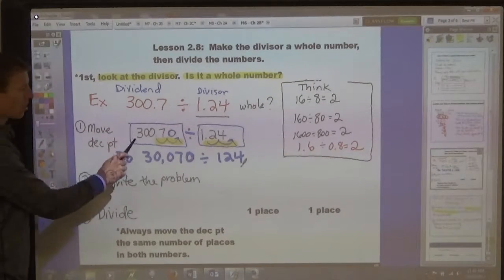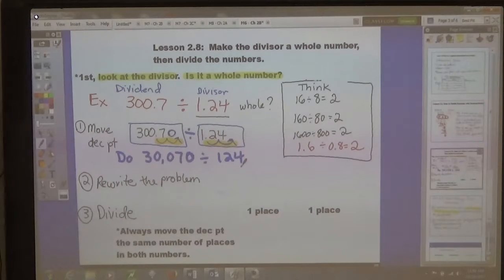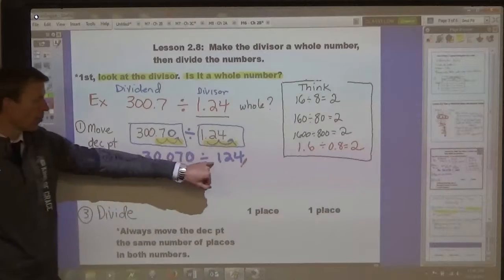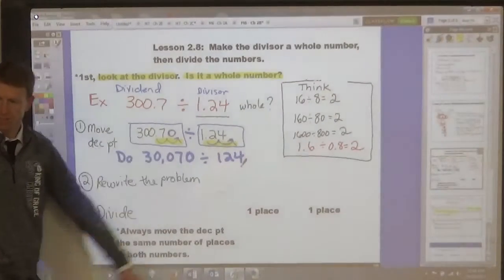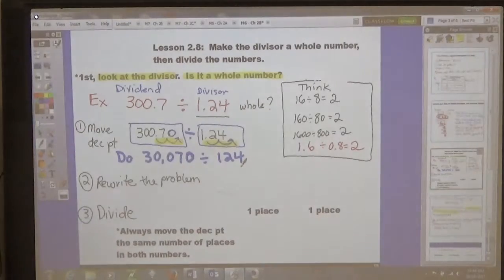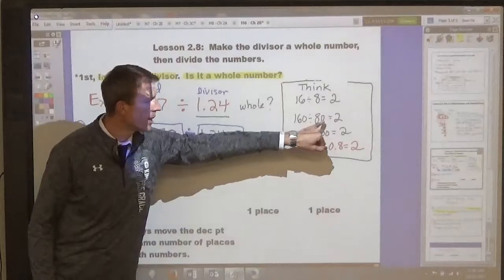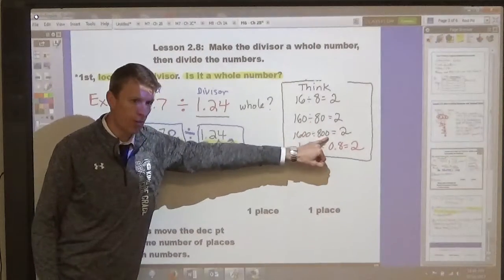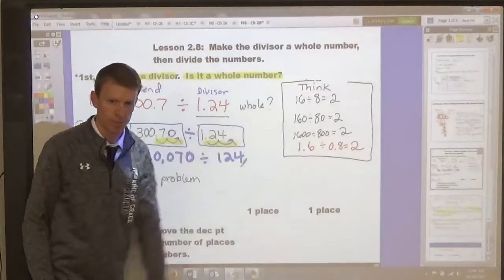And then we changed 300.7 to 30,070. The reason we did that is so that we have a whole number divisor. All right? And in math, as long as you're just adding the same number of places to both numbers, the answer always stays the same. Okay?